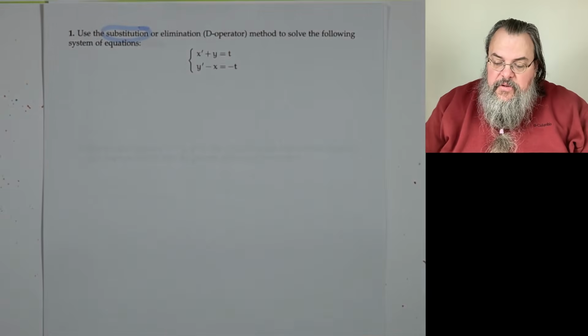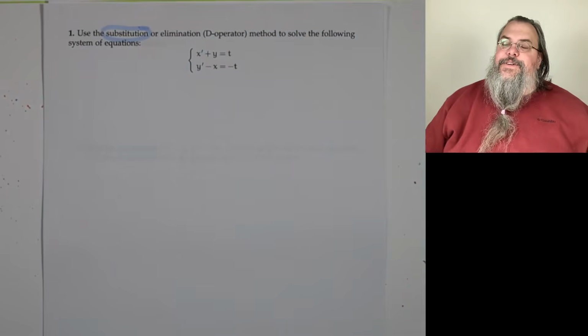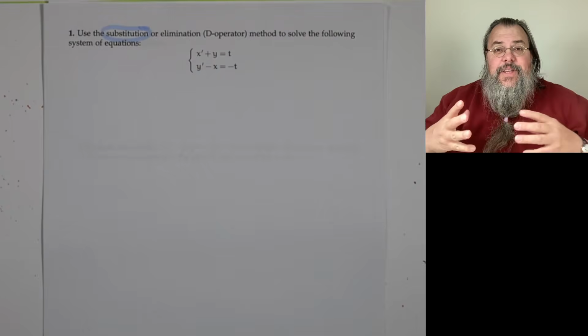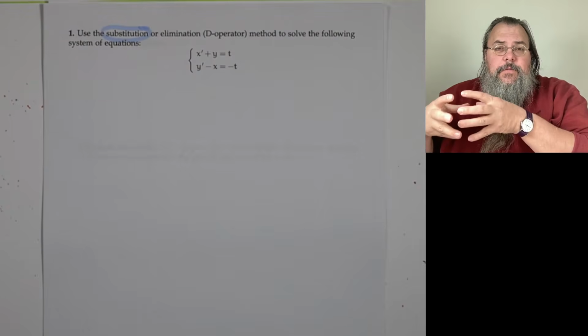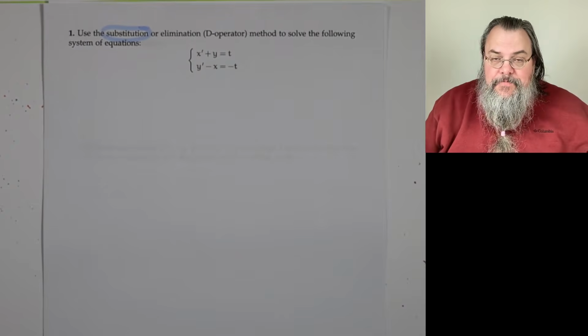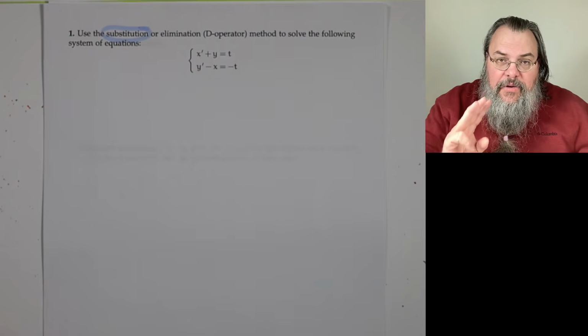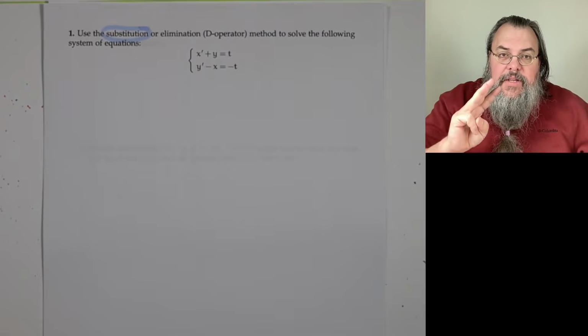Now, the idea of substitution, if you think back to your college algebra days, those were good days. Well, the idea was to say, I'm going to solve for a variable in one of the equations and put that into the other. Now, we have to be a little bit careful here because there are sort of three things going around. There's the x, the y, the t.